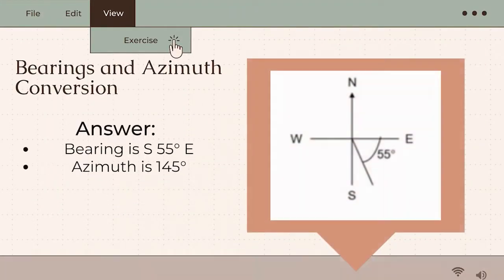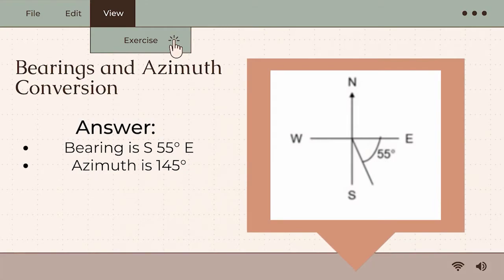For the conversion from azimuth to bearing and bearing to azimuth, we can use this example. In this example, we see that the angle is found in the southeast quadrant and gives the measurement of 55 degrees.